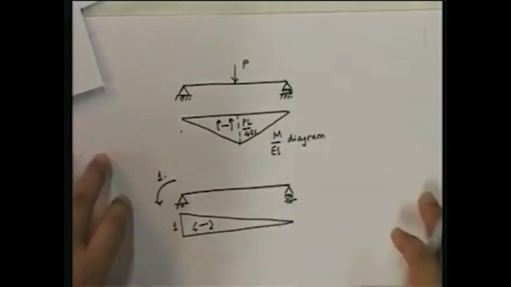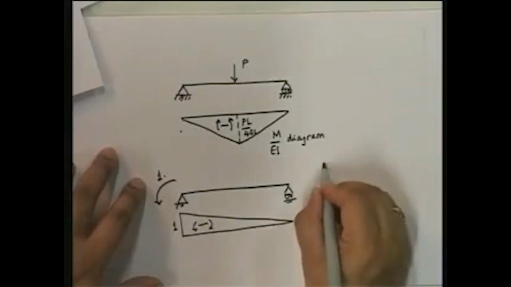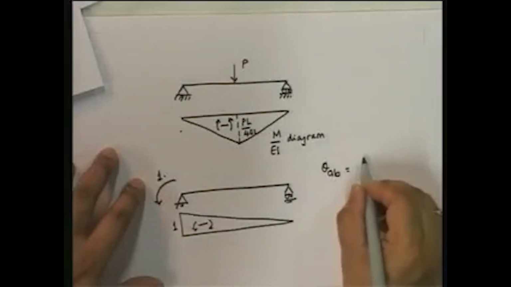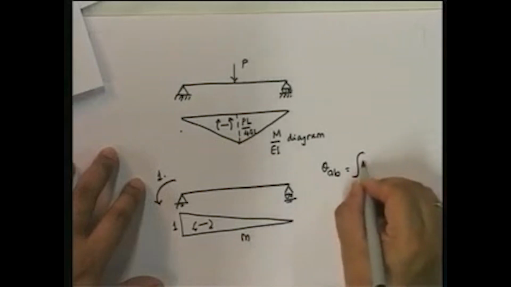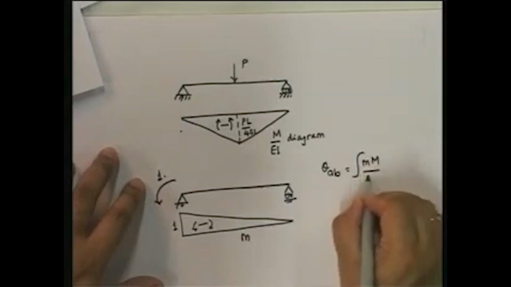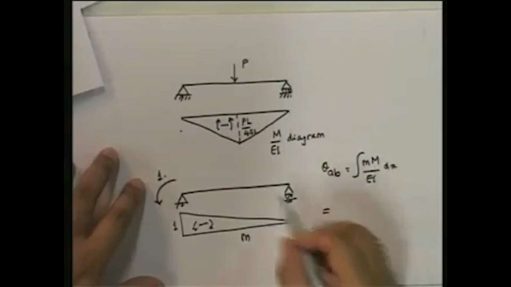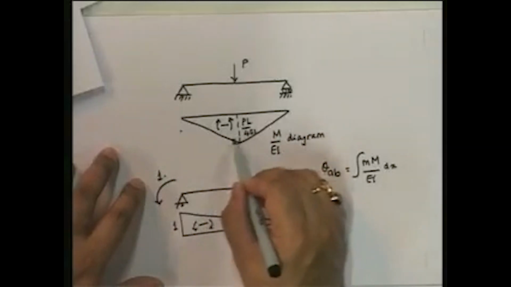And for finding out this bending moment over here, what do I need to do? Well, let me first do this. So, this is the bending moment. So, what would theta AB equal? 1 into theta AB is equal to the internal virtual work, which is the integral of M upon EI dx, which I am going to do as the area under these two curves. Note that I have to take two curves actually.